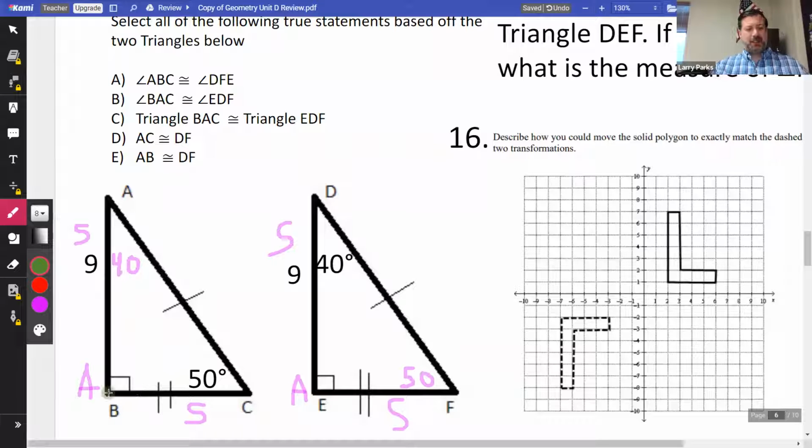BAC, let's see, B, A, C. Is that congruent to EDF? Yeah, it started in the same position, went in the same position, so this is true. Triangle BAC, so start here, go there, is congruent to EDF. That would be true.